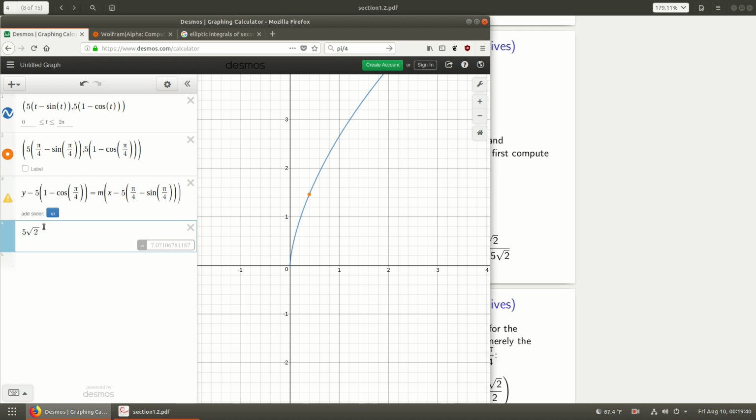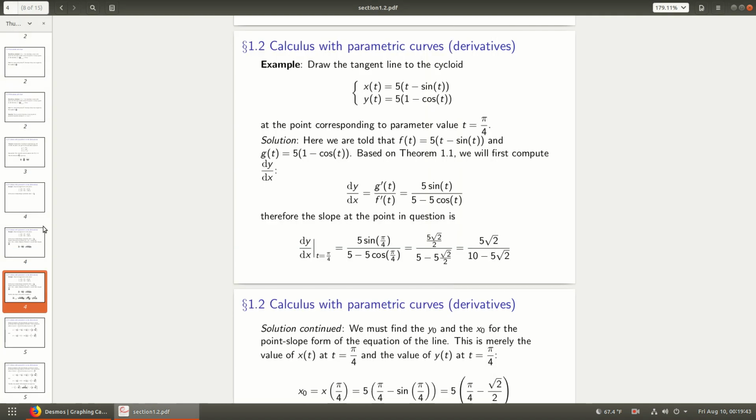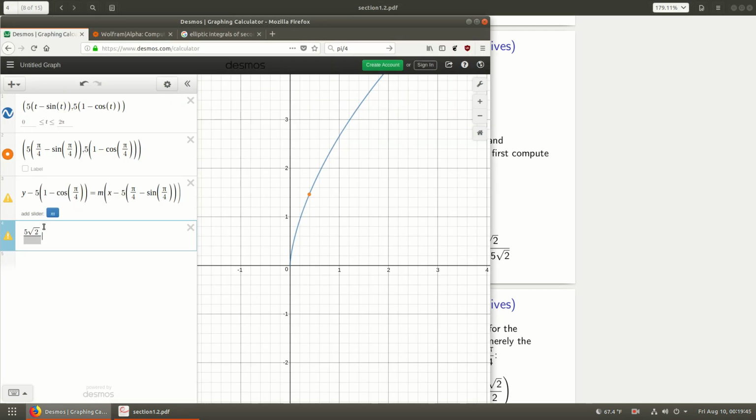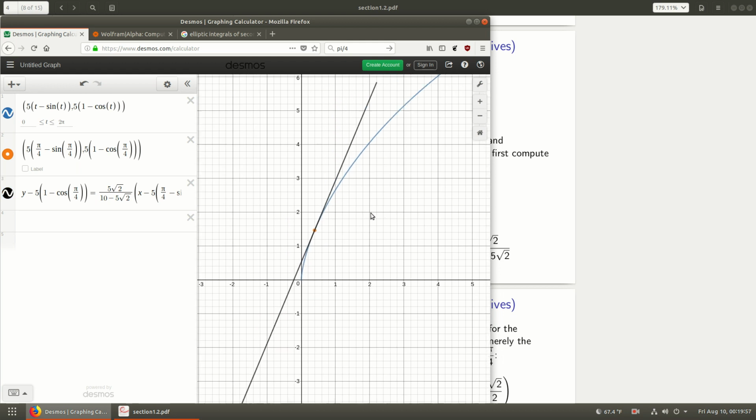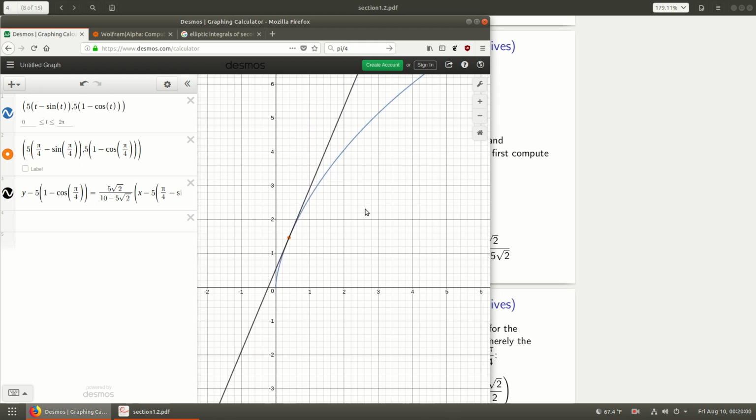So to get a square root, you type SQRT, divided by 10 minus 5 square root 2. So I want that number to be my m. So there it is, and there's my tangent line. Nice and beautiful. So calculus, tangent lines of parametric curves is an easy matter if you know the theorem.